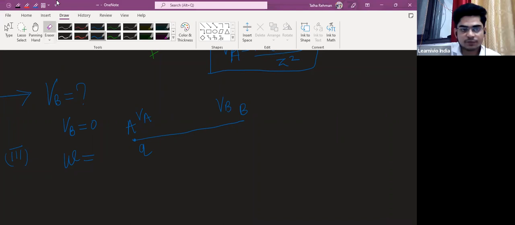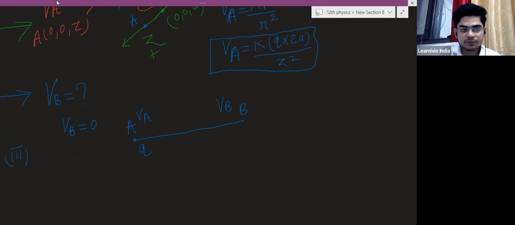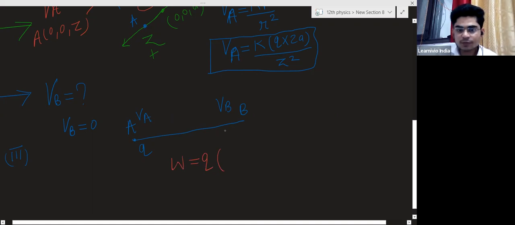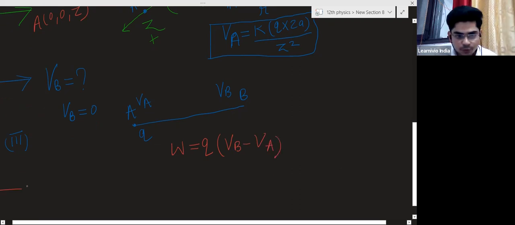The formula of work when a charge Q is moving from point A to B is the potential at point B minus the potential at point A.